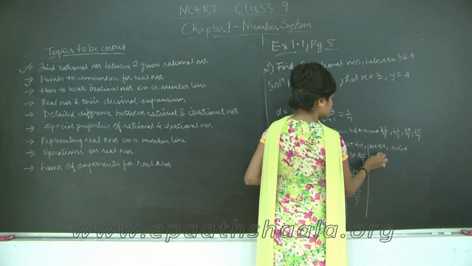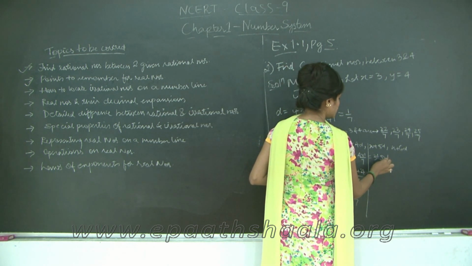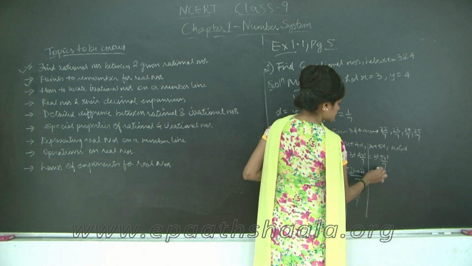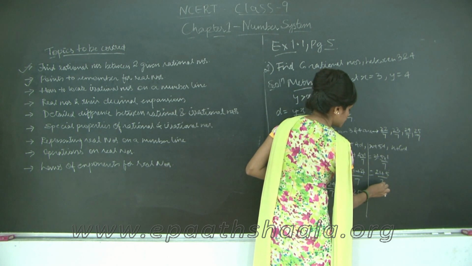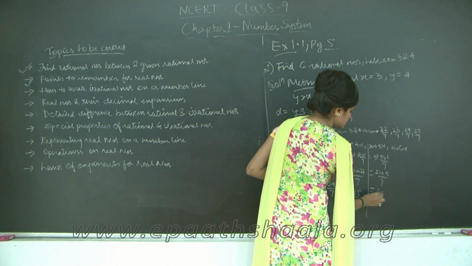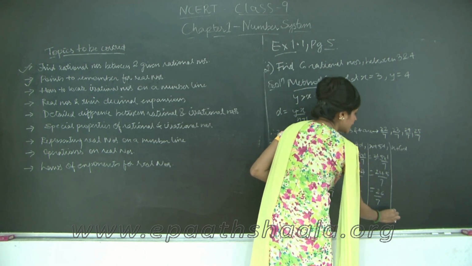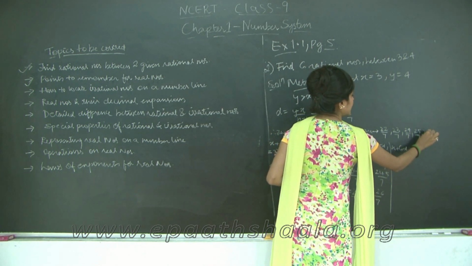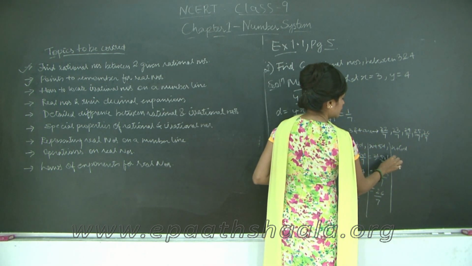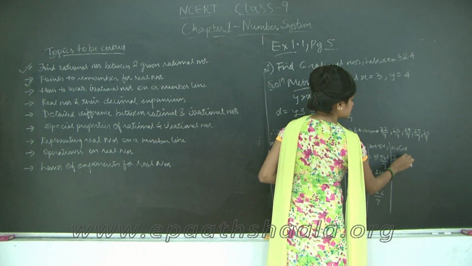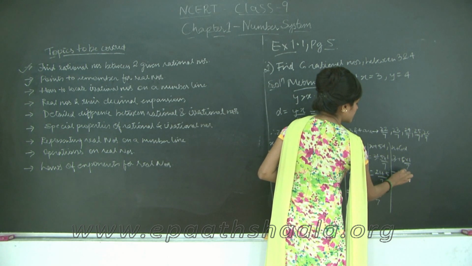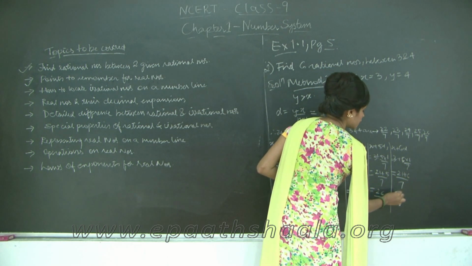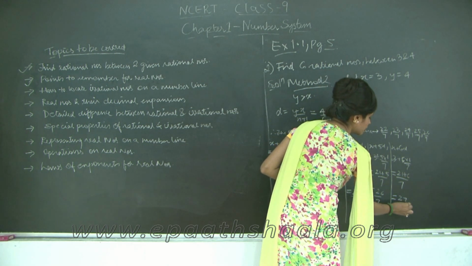And 3 plus 5 into 1 upon 7, which is 21 plus 5 upon 7, which is 26 upon 7. And finally, the last one, 3 plus 6 into 1 upon 7, which is 21 plus 6 upon 7, which is 27 upon 7.